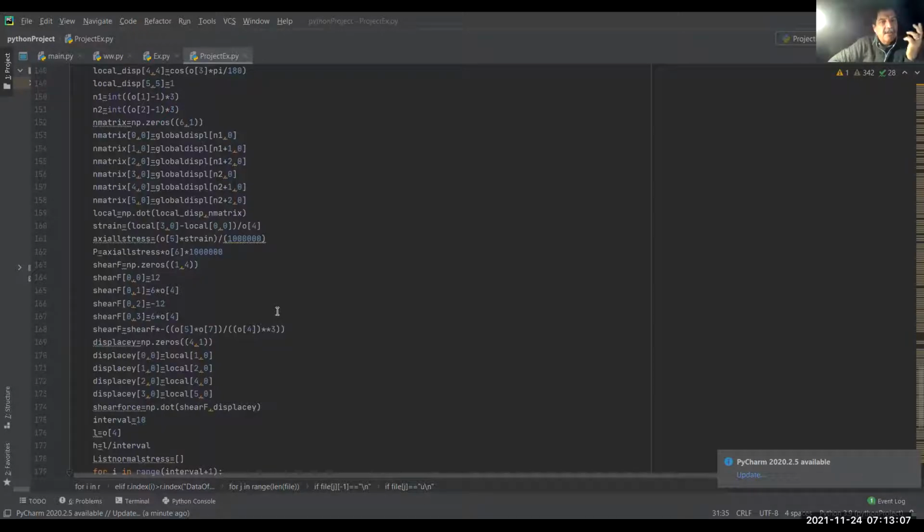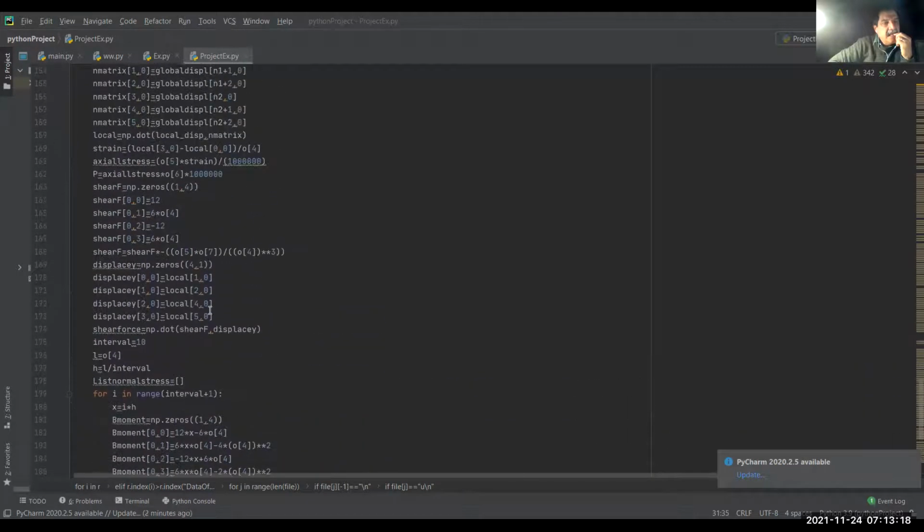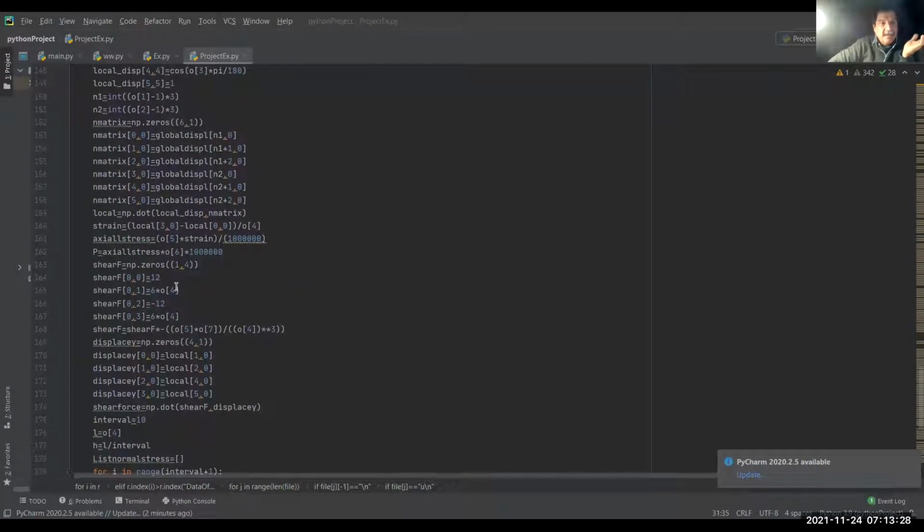I want to see where you calculate the global displacements. Remember, when you solve for the global displacements, you solve the whole system of equations. At that point, you calculate the displacements.